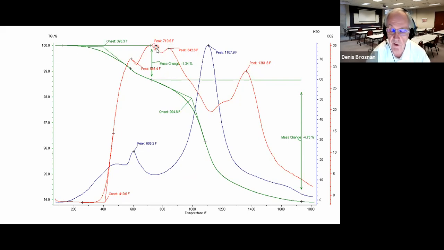I've been in a plant in France that made bricks that didn't have to add any fuel to fire the bricks, because once they got the tunnel kiln hot using gas, then the bricks contained enough coal residue to fire themselves. Kind of a neat idea. In this particular case, we also had a carbon peak at elevated temperatures, indicating that some of the carbon didn't burn out until higher temperatures.